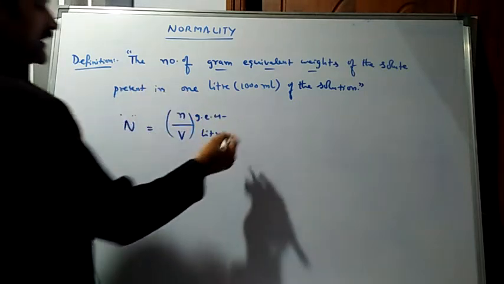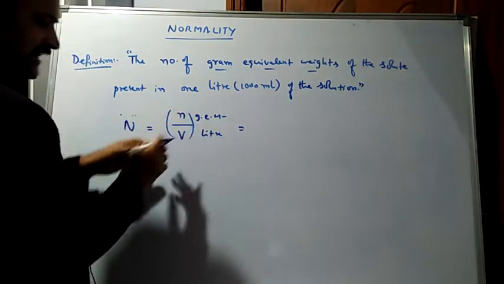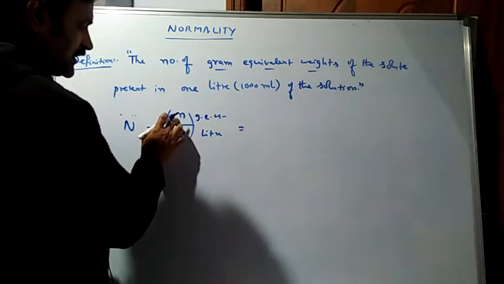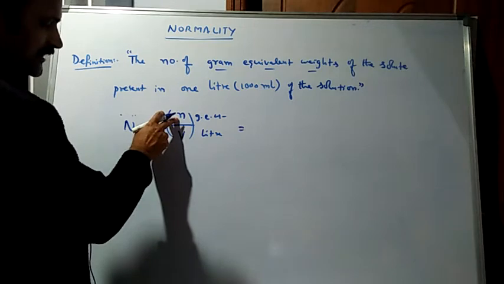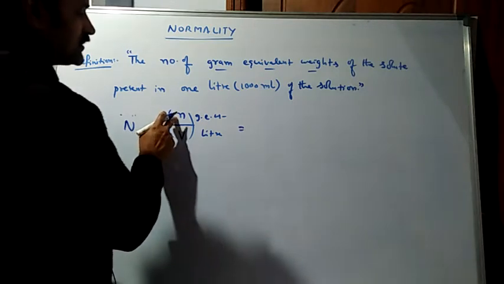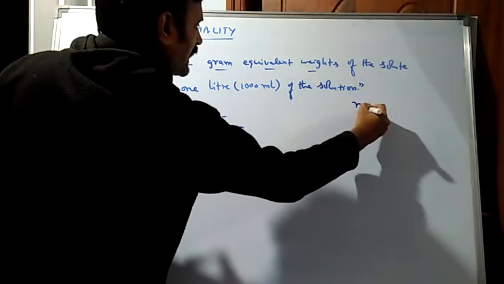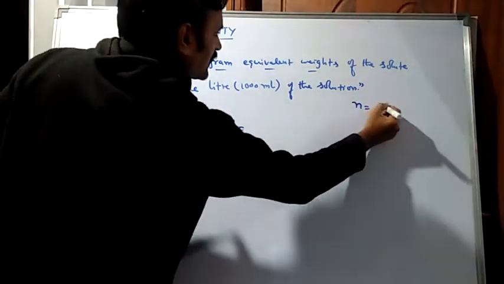If you want to write this a little bit expanded, then N is nothing but weight of the solute by gram equivalent weight of the solute. Here the N I am taking is the number of gram equivalent weights.